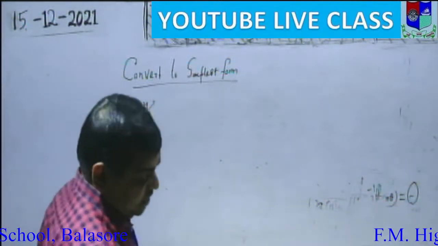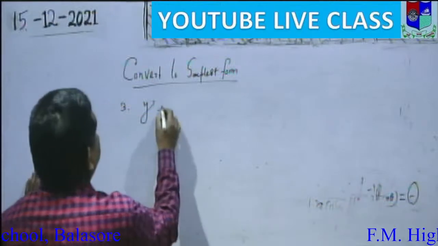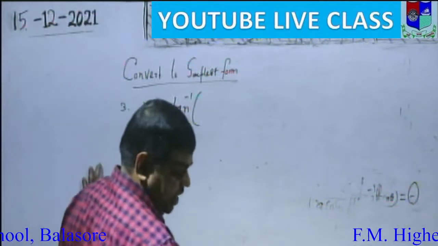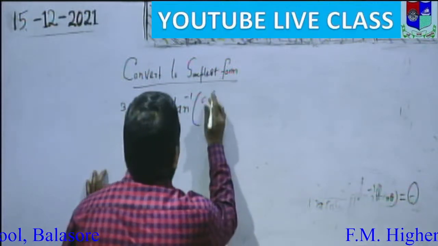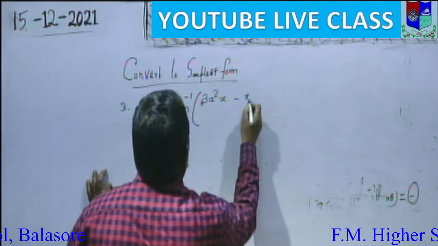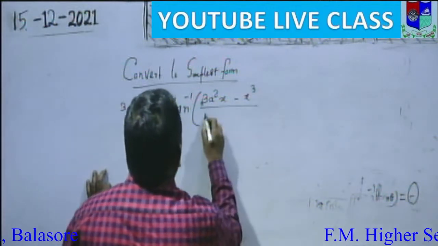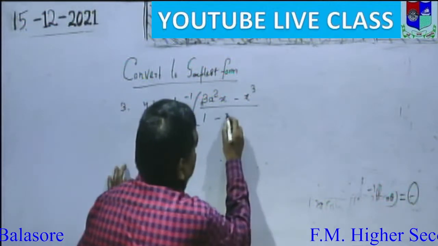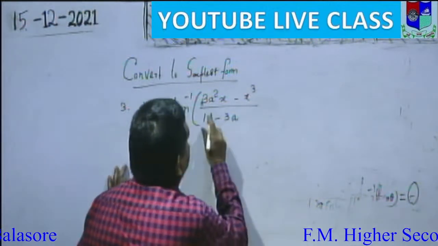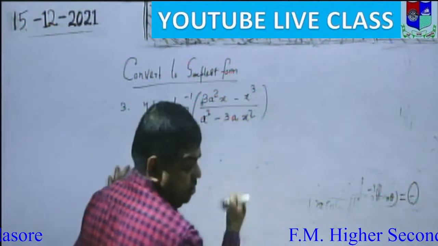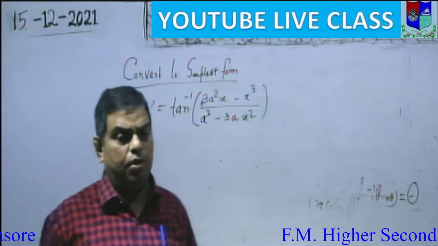Y is tan inverse of 3a square x minus x cube over a cube minus 3a x square.